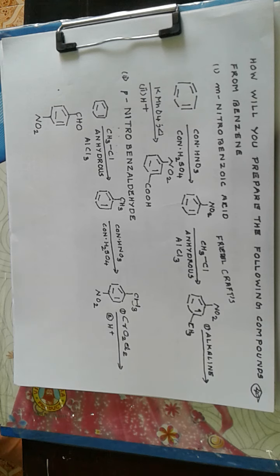Now para-nitrobenzaldehyde. Here the aim is to produce a methyl group on the benzene nucleus, then nitrate it so that we get the para-nitro derivative, because the methyl group, due to its hyperconjugation, increases the electron density at the ortho and para positions, and so the methyl group is ortho-para directing, and usually the para isomer predominates because of the steric interaction with the methyl group.